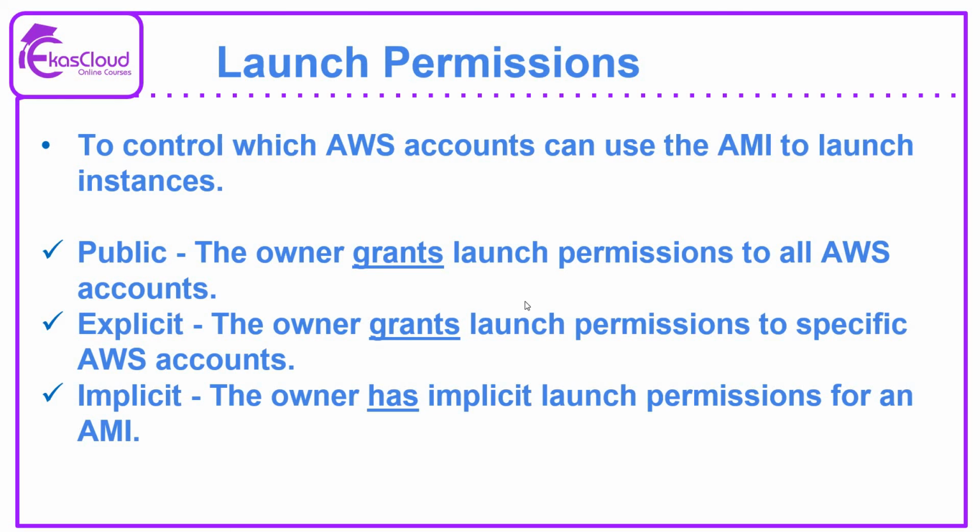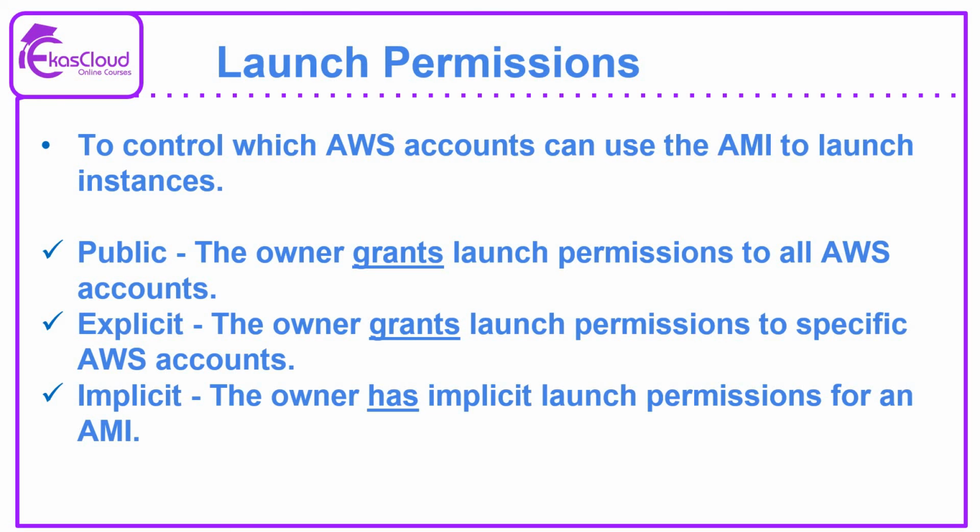We have the public launch permission, which is where an owner will grant a launch permission to all AWS accounts. So it will be made public and people can have that if they want. The next one is the explicit launch permission, which is where the owner grants a launch permission to specific AWS accounts.